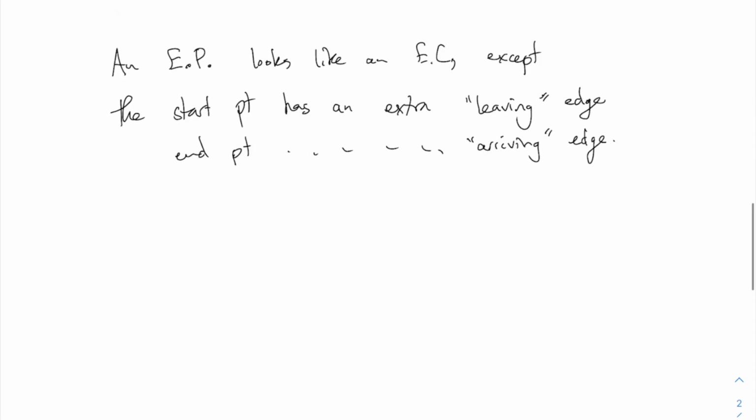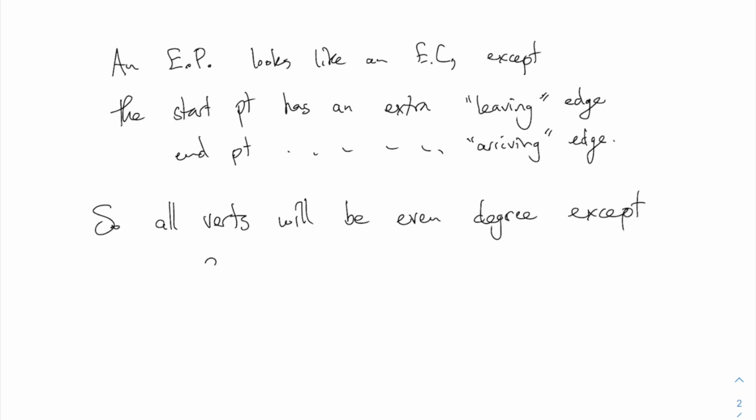So I'm going to say all vertices will be even degree except the start and end, which are odd, right? Because they have one extra edge each. So those two are going to be odds.